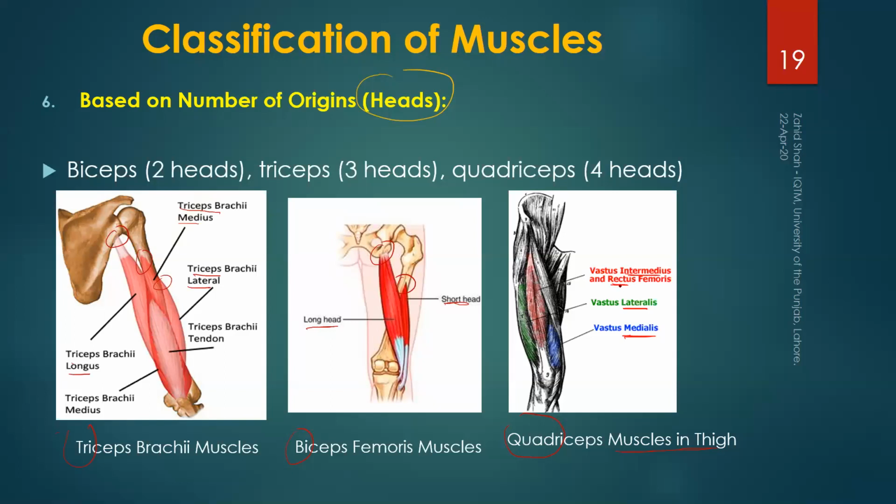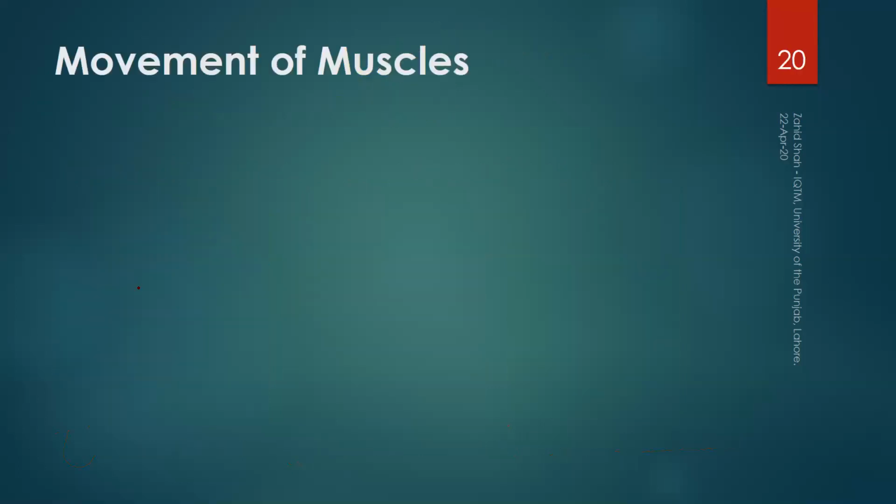Rectus means the fibers are straight, femoris means this is attached to the femur. So you can get an idea from these names about the position of the muscle, number of heads, and size as well. Vastus, and there was a word longus, they tell us about the size.